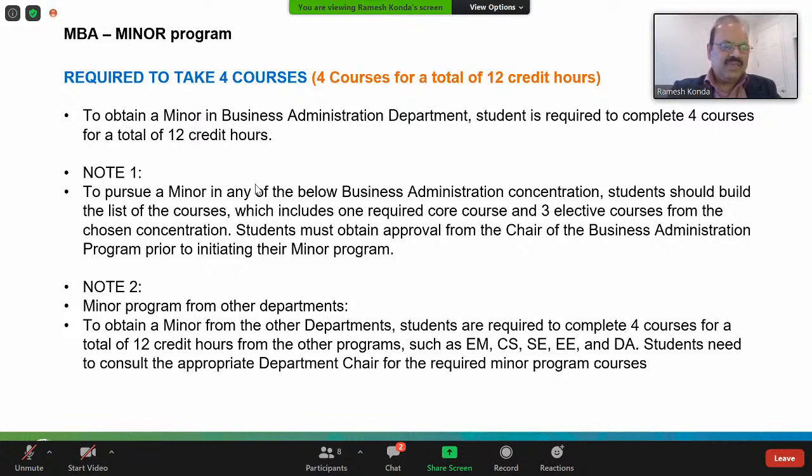Similarly, you can be an MBA student and take 4 courses from software engineering, and you will get a minor in software engineering. This is the note we have: you should get prior approval from the chair, and then you'll be able to pursue these.